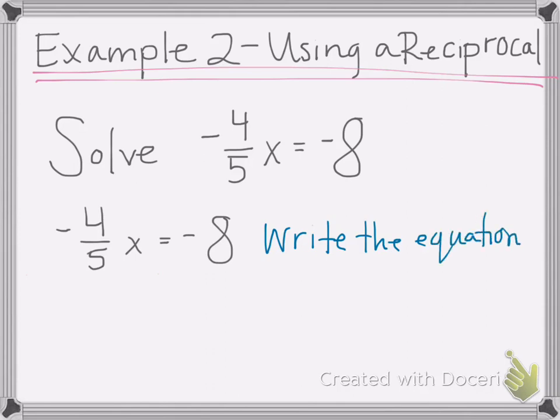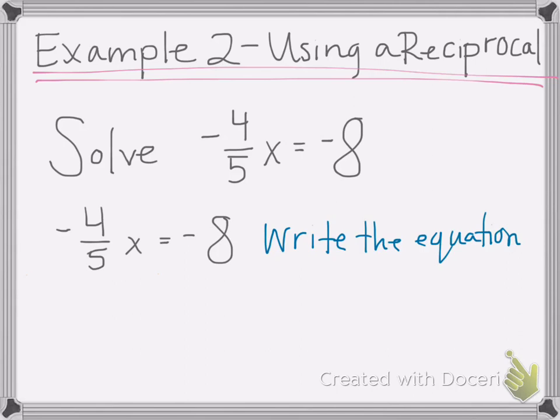Step 2 is to use the multiplication inverse property. What the multiplication inverse property states is that if you multiply anything by its reciprocal, it will be 1. So check this out.